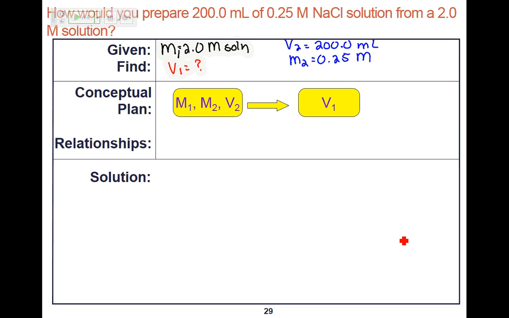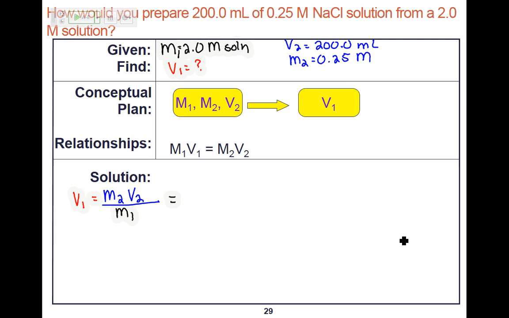So again, I know M1 V1 equals M2 V2. So I'm going to solve for my V1. My V1 is going to be equal to M2 V2 divided by M1.